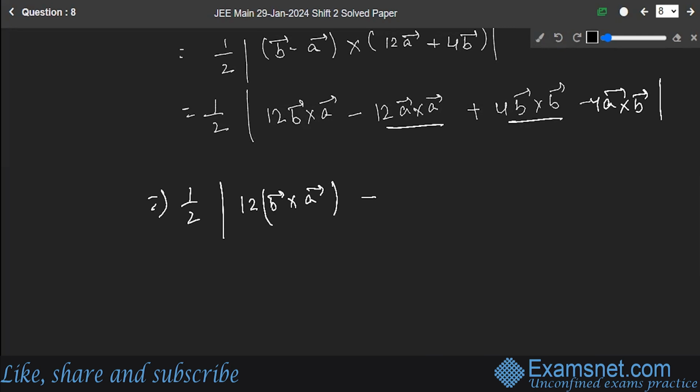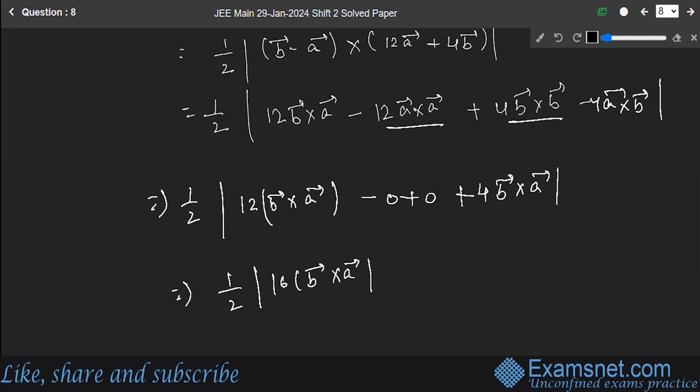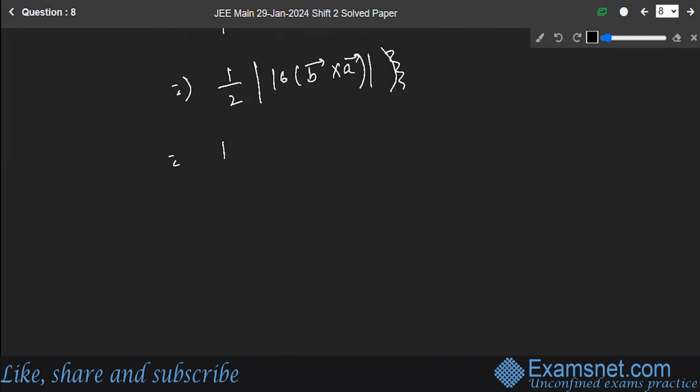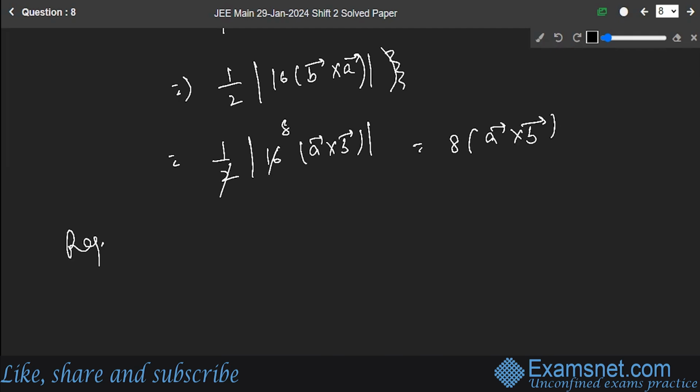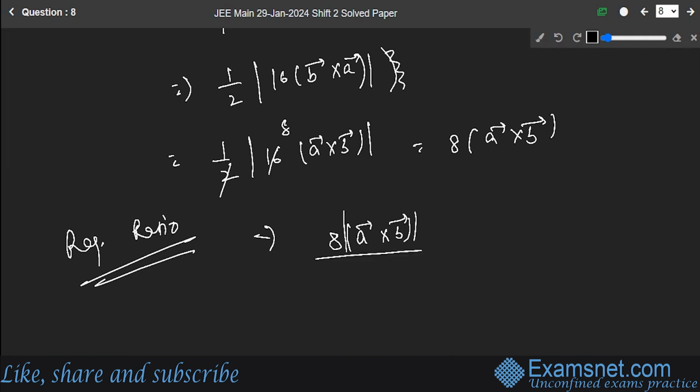So this is 12B cross A minus, these two will be 0, and this I can write as 4B cross A. Or I can also write it as 16B cross A, and because you have the mod outside, I can also write it as 16A cross B. This will be equal to 8 A cross B. So the required ratio is equal to, area of the quadrilateral was 8 mod A cross B, and that was divided by the area of the parallelogram S, which is equal to this.